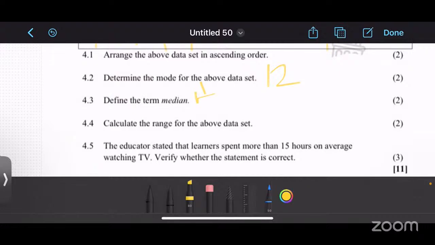It's going to be 5 plus 6 plus 7 plus 8 plus 9 plus 9 plus 10 plus all those numbers. And then that total you divide by 25, because we know the number of terms in the data set is 25. That's how you get your average. And then we're going to verify whether it is 15 or something else.